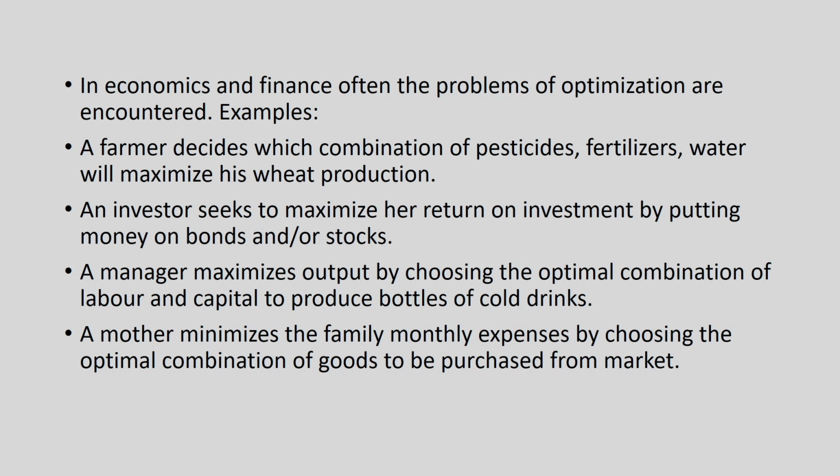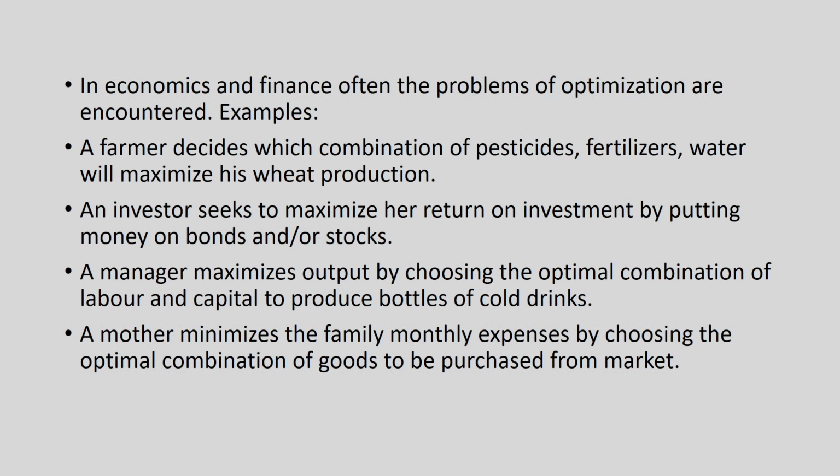A farmer decides which combination of pesticides, fertilizers, and water will maximize his wheat production. So, here the farmer is encountering a problem of optimization. He wants to maximize wheat production, and wheat in this example is the output of many inputs.